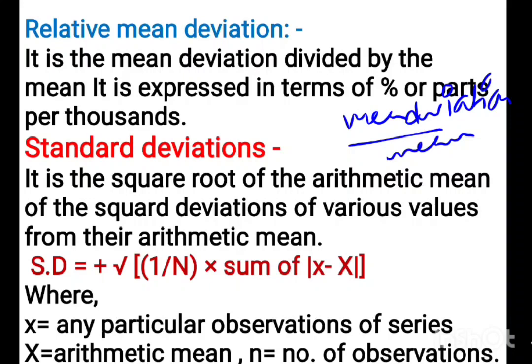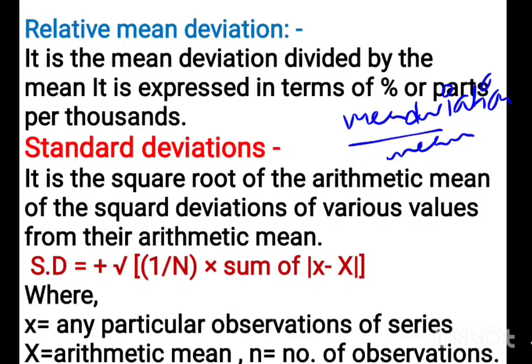You have to first find out the mean deviation, and then the relative mean deviation is the mean deviation divided by the mean into 100%, or you can use parts per thousand rather than percentage. So both choices can be given. When you use a percentage, there is a simple analogy: first find the mean deviation, then divide it by the total mean, and multiply by 100%.